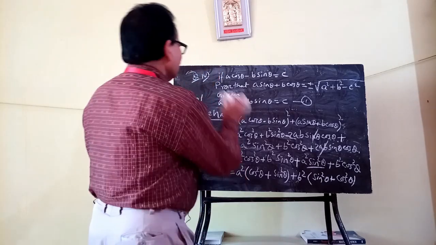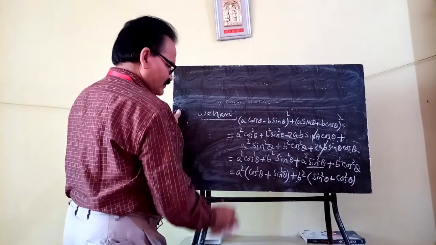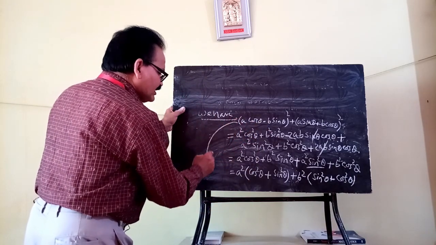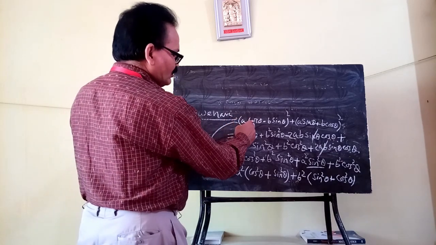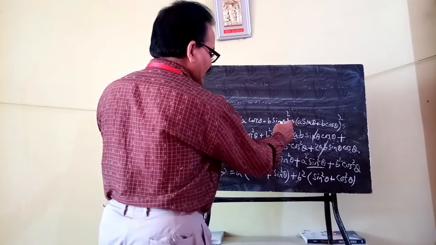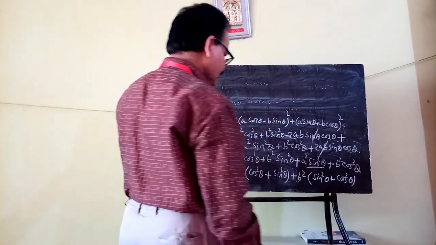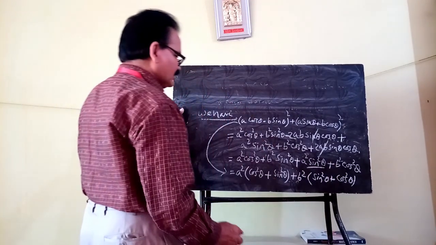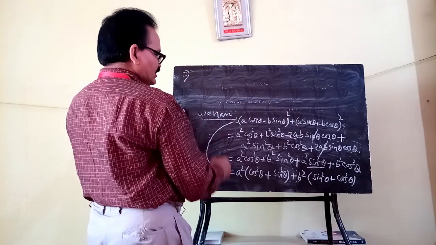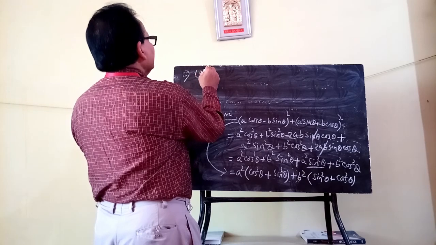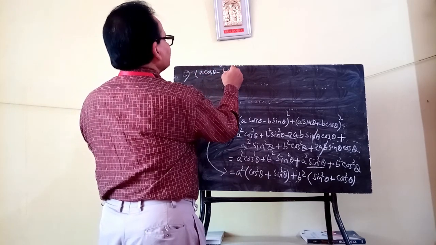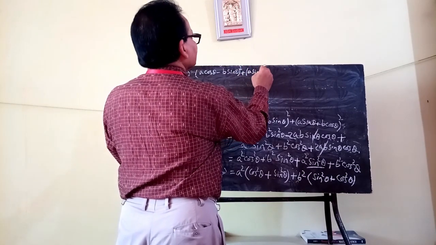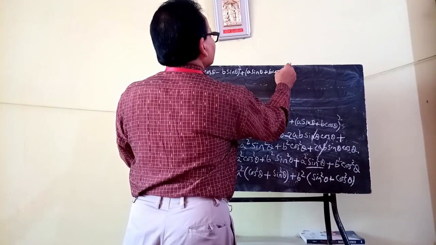Okay. Then our next target is the left hand side, which is a cos theta minus b sin theta whole square plus a sin theta plus b cos theta whole square.